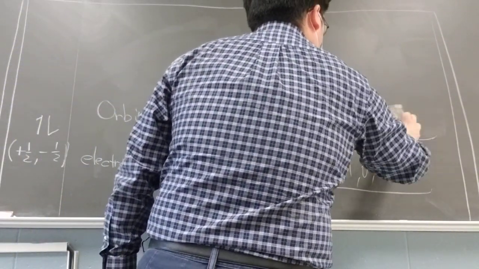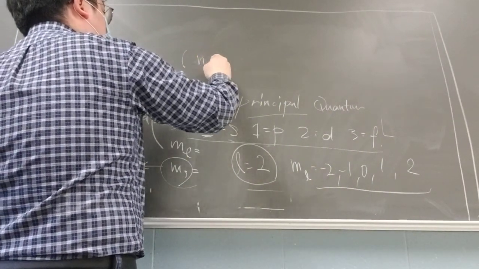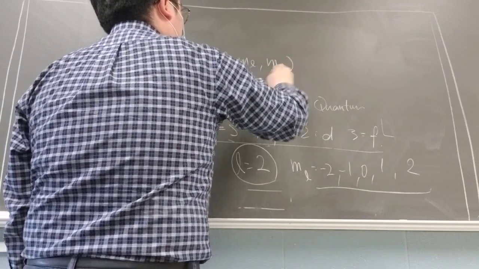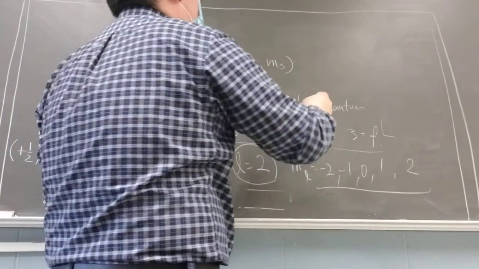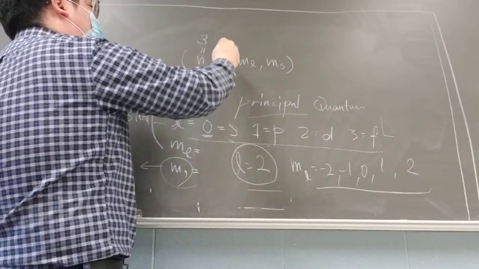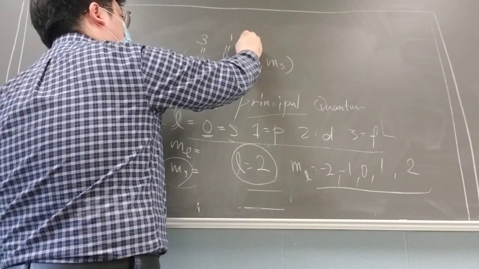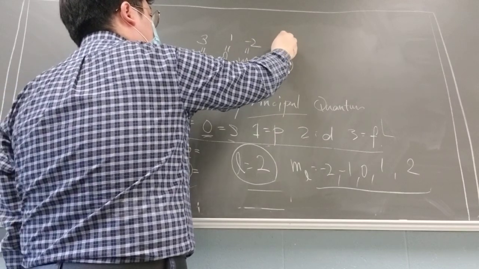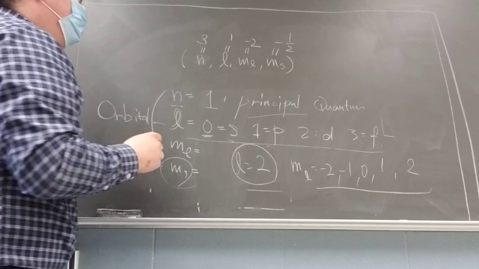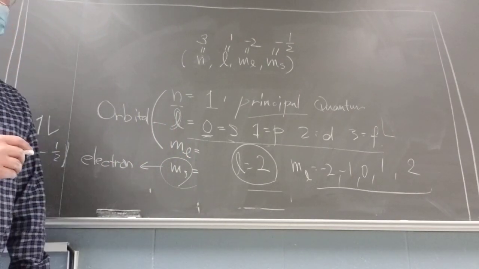So if I give you a quantum number combination, there will be 4 quantum numbers in total. So if I say n is 3, and L is 1, and ML is -2, and MS is negative something, do you see anything wrong in this one by following what we just did?